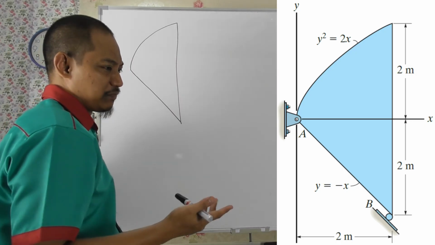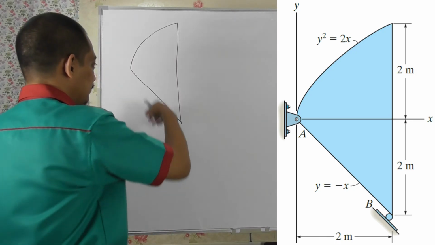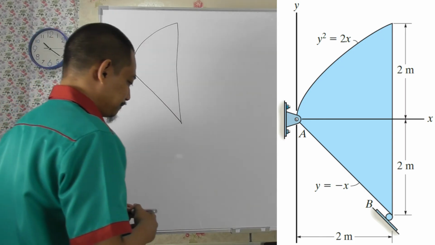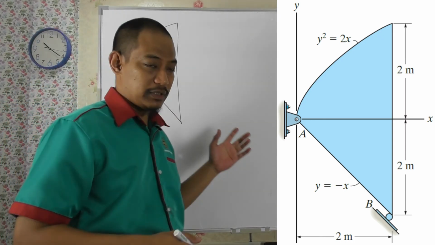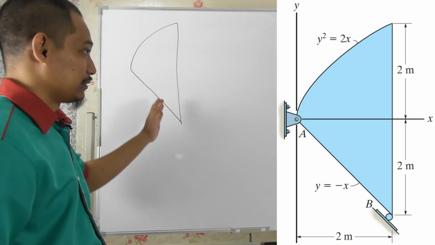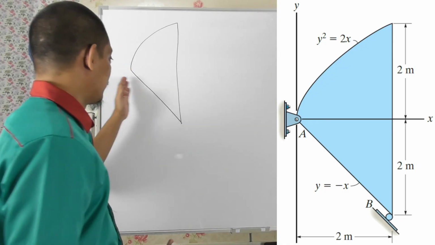In this case, center of mass is basically the centroid, because the material is the same. For that one, you can take a look at the previous tutorial on how to solve using purely integration from the beginning until the end.